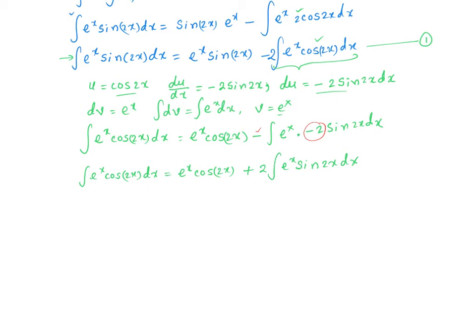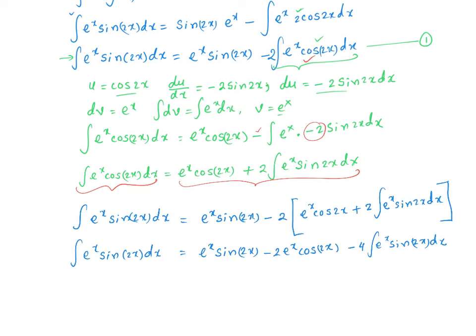Now here is the interesting part. This is the integral which is right here. I am going to take this right hand side and plug it into equation 1, inside the square bracket.